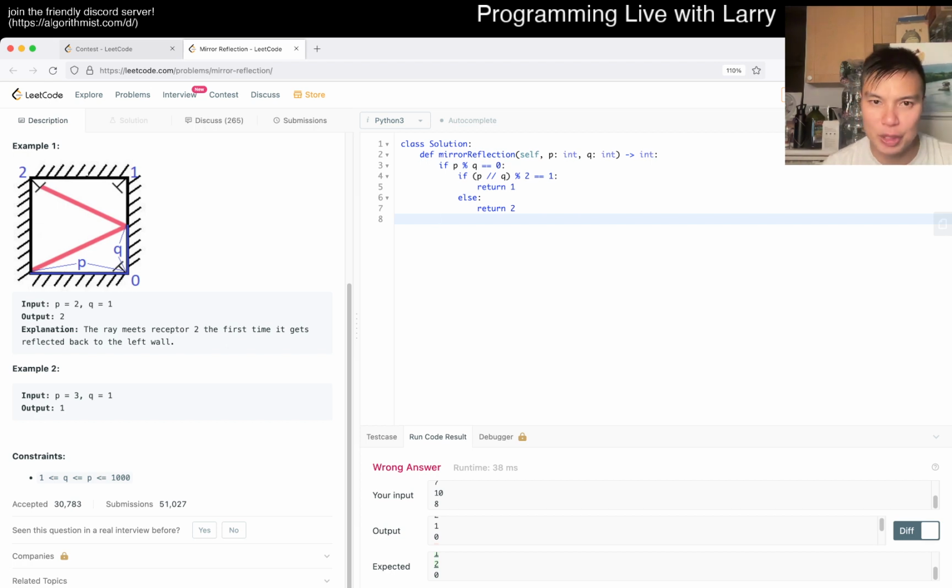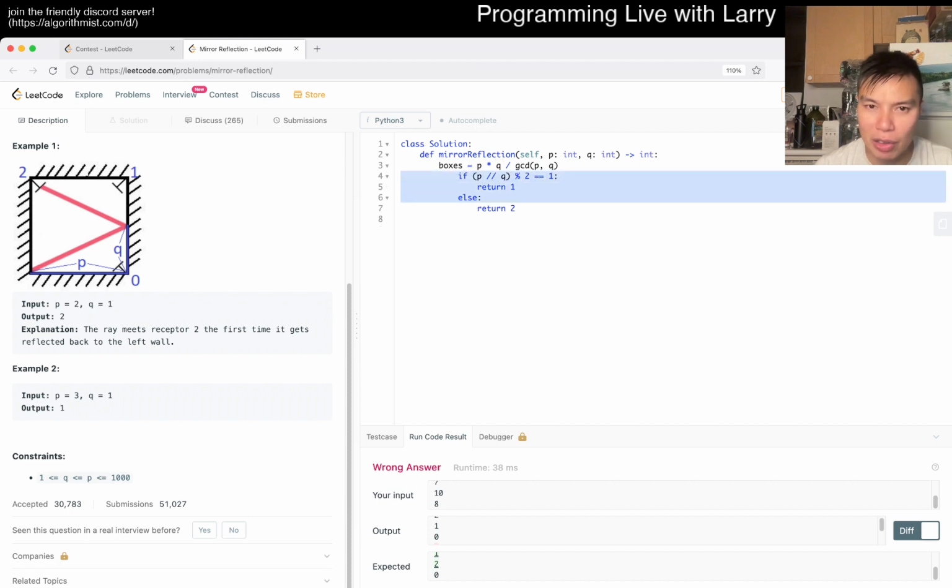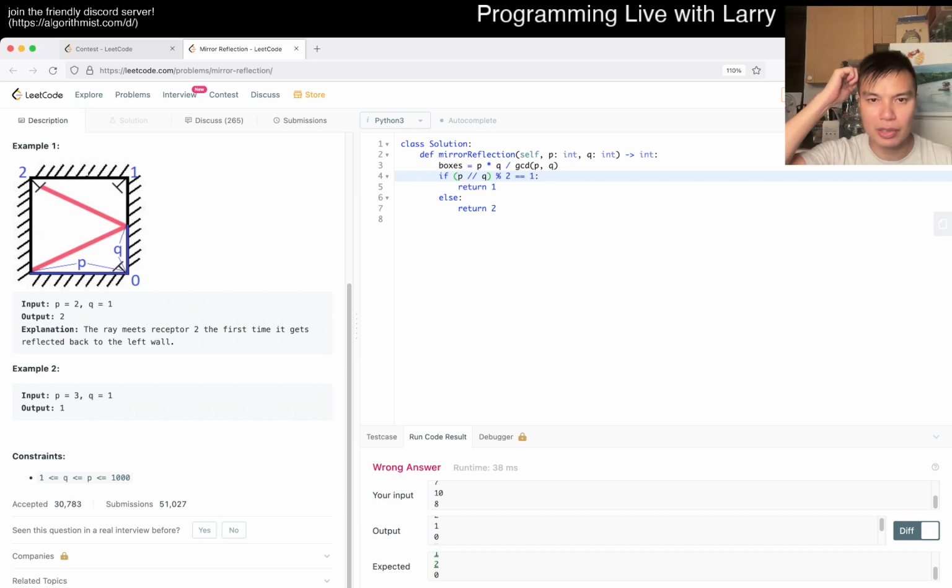Okay, so now let's just say boxes is equal to P times Q over GCD of P, Q. And this is just the way to get the number of boxes that is the next multiple, right? And then now boxes mod Q has to be 0 by definition. Let me think about this.